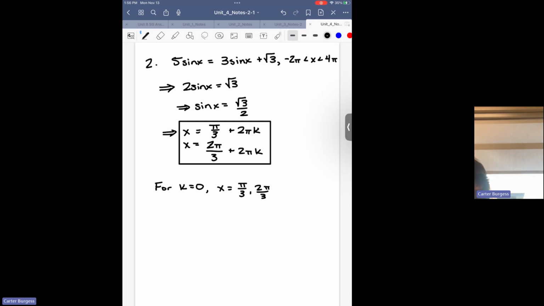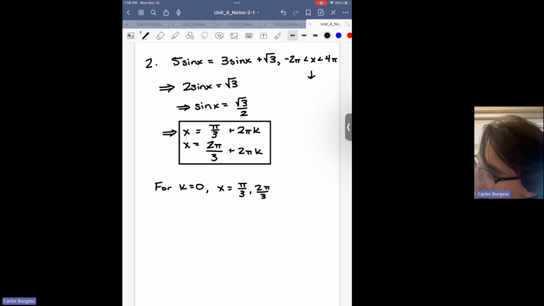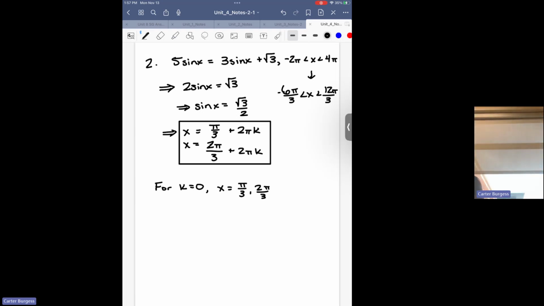The way I'm going to adjust it is I'm just going to write it so that the denominators match. In particular, I'm going to reframe this so that x is between negative 6 pi over 3 and 12 pi over 3. I'm not changing anything. This just makes it really clear when I have crossed beyond what I want to include.